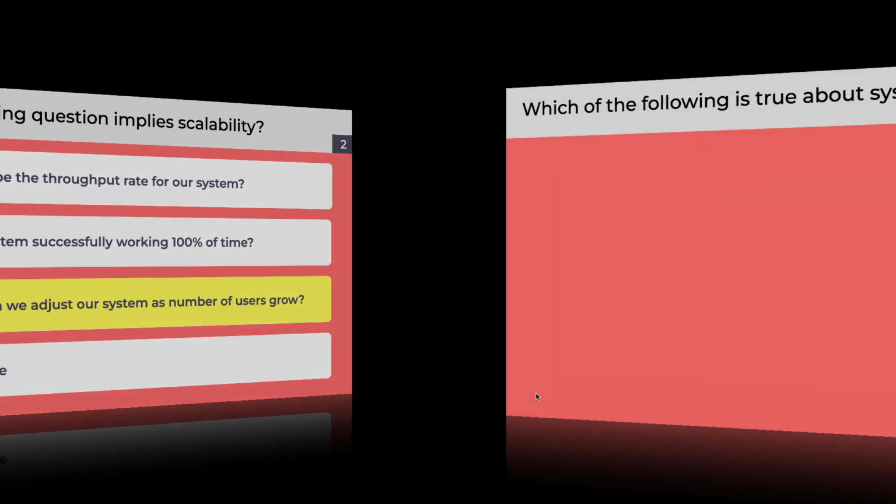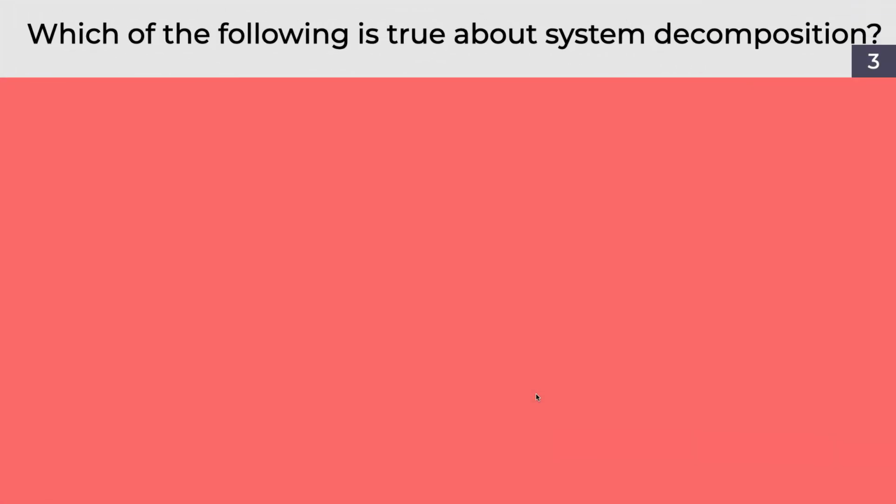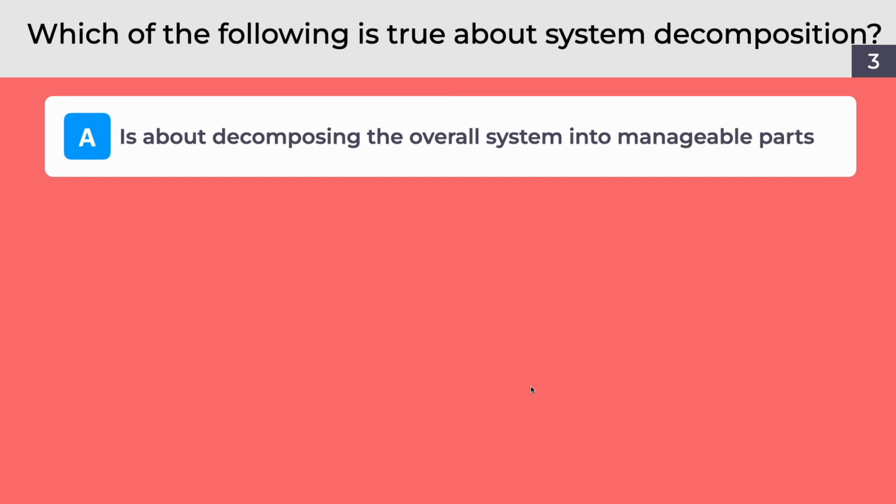Question number 3. Which of the following is true about system decomposition? Option A is about decomposing the overall system in manageable parts. That seems pretty right because in system decomposition, we're trying to break down the system into smaller parts and we want to make sure that those subparts or subsystems are manageable.